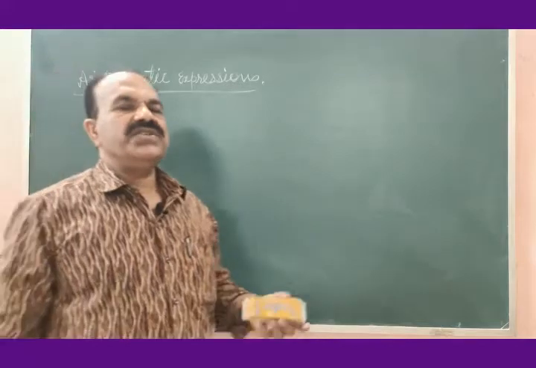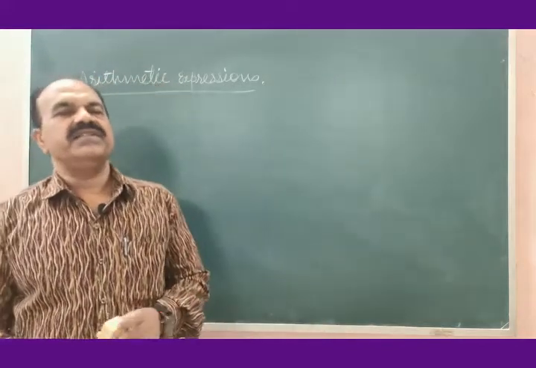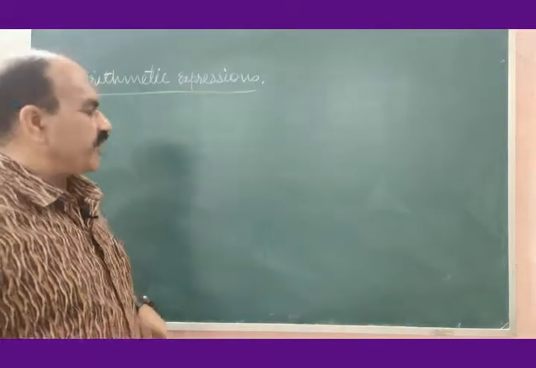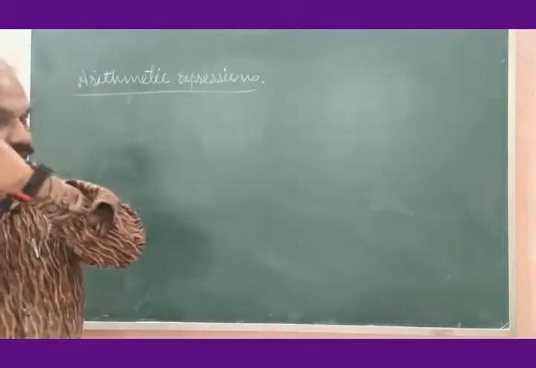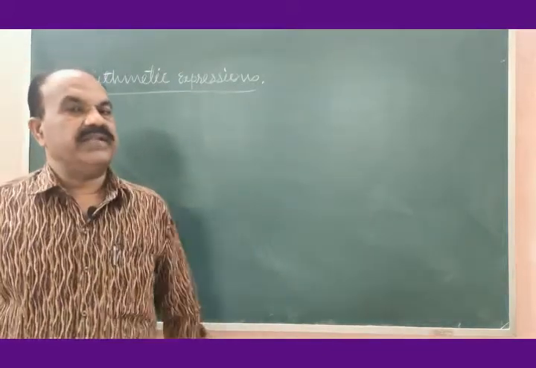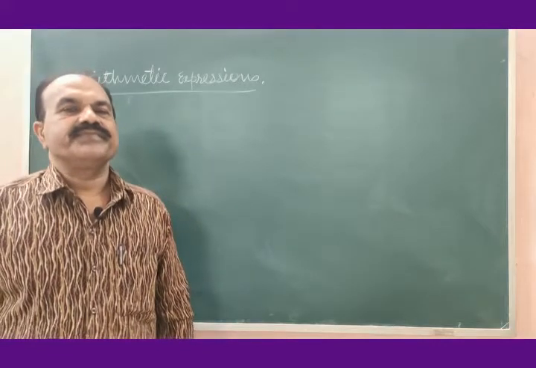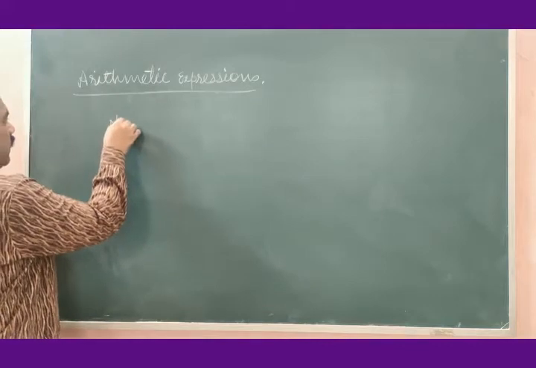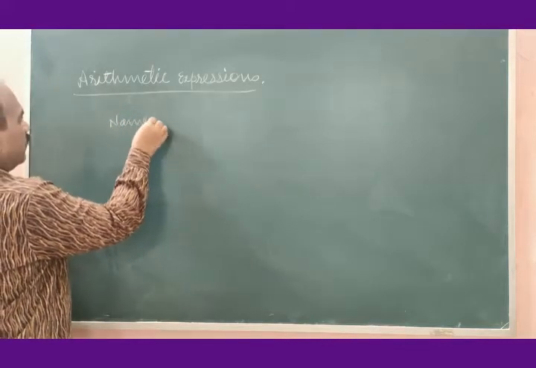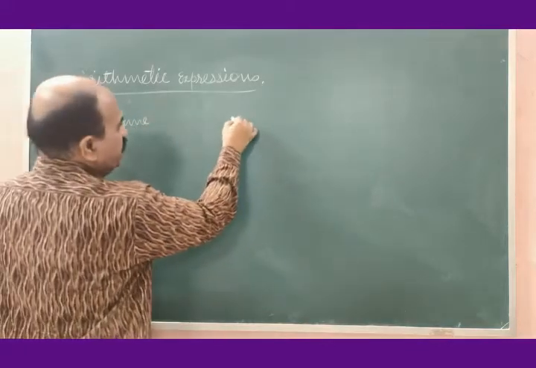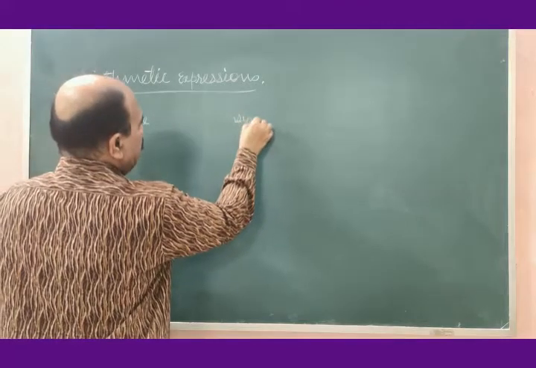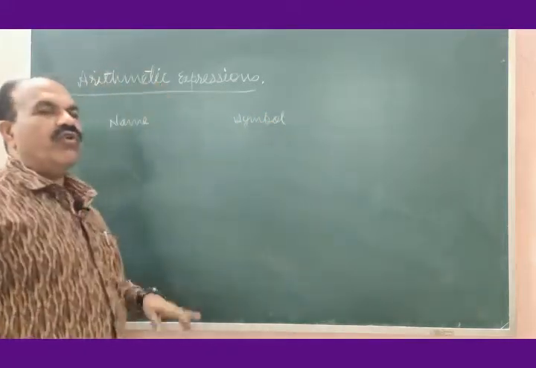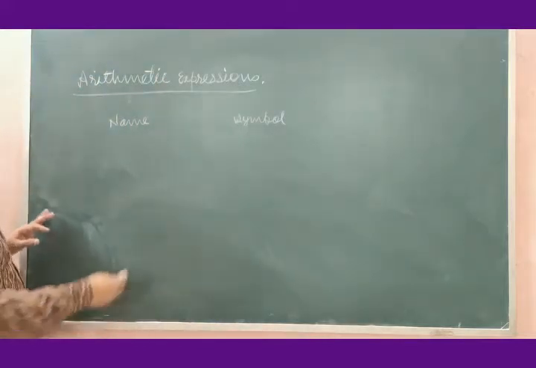The next article is arithmetic expressions in Fortran. You know different types of arithmetic operations. For example, the name of the arithmetic operation and the symbol for that operation.